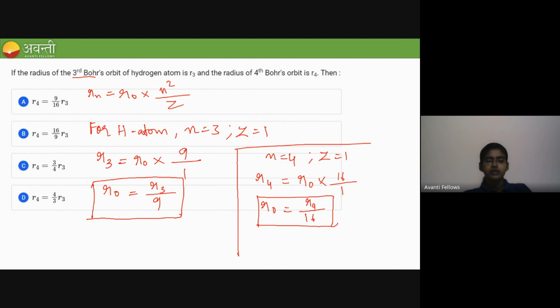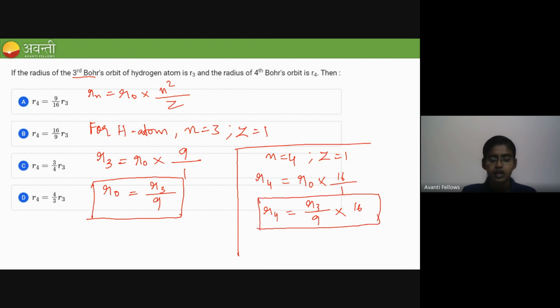Now we can substitute the value of R0 in this equation: R3 by 9 is equal to R4 by 16. So R4 is R3 by 9 into 16, or else R4 is equal to 16 by 9 into R3. So the relation between R4 and R3 is given in option B.